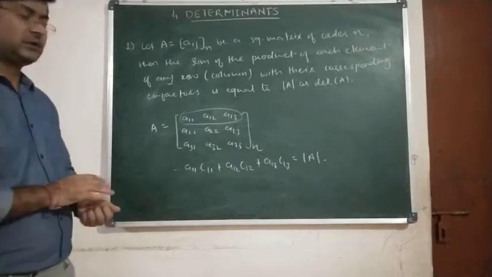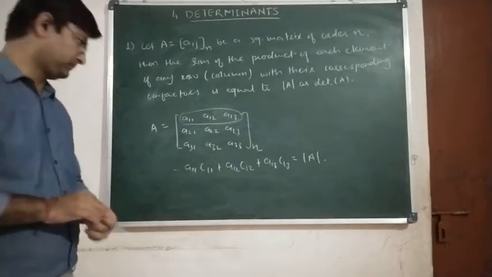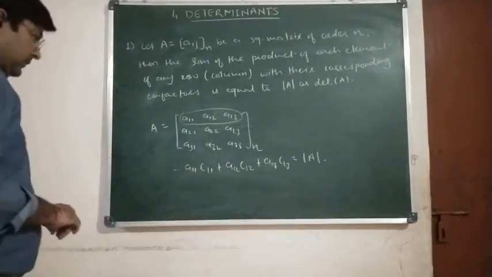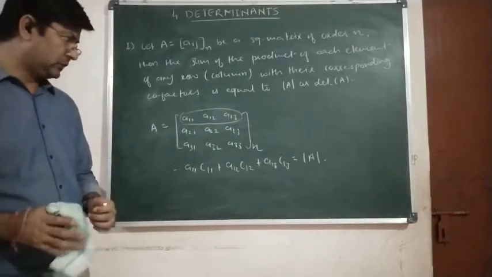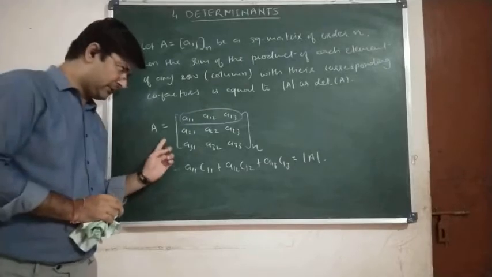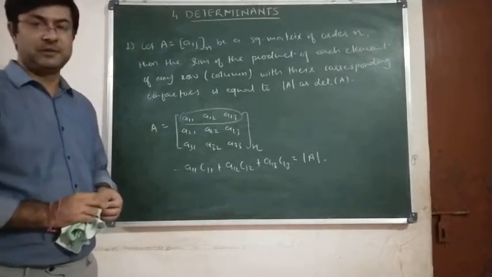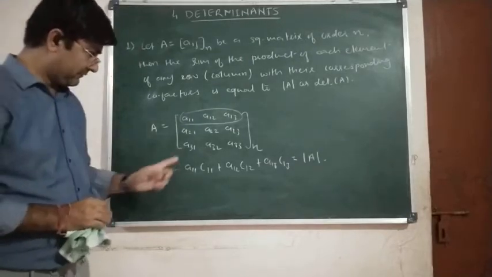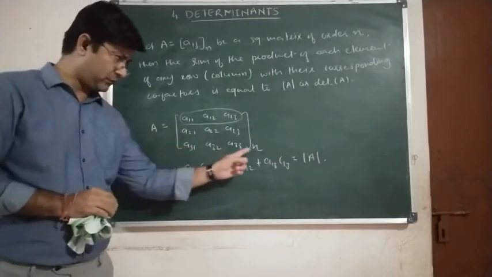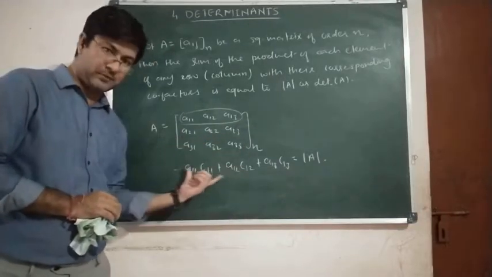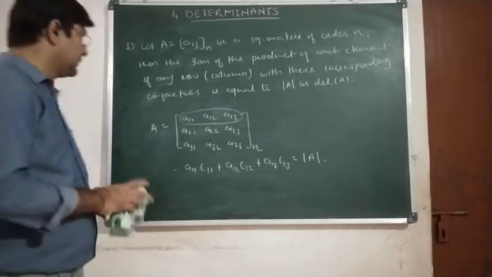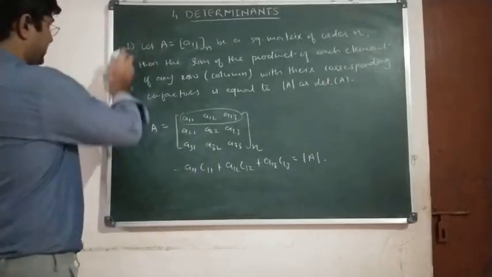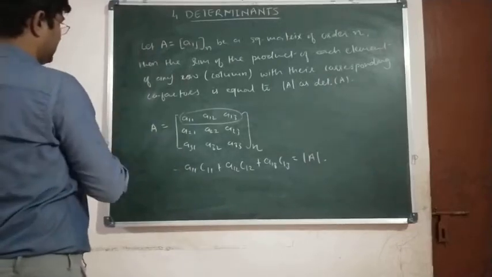Clear? So this is property number 1. This property we are using in the expansion, if you remember. While we expand a matrix of order 3, we are using the same property for the expansion purpose. Yes or no? Clear?